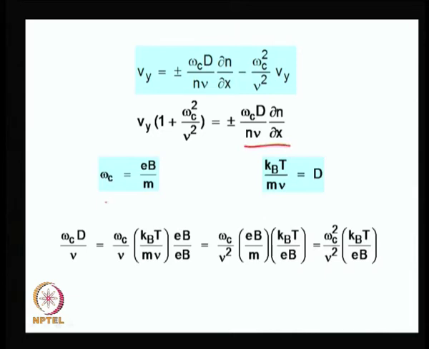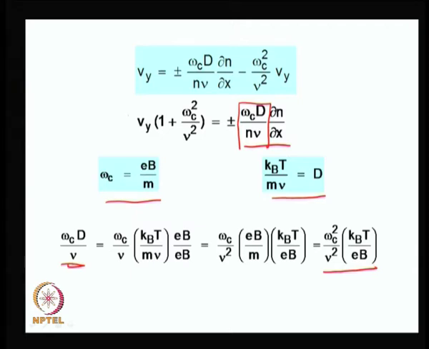Once again we use the definitions of omega c and D, and we write this term omega c D upon nu, the coefficient of the density gradient. Do some simple algebra, substitute for D, multiply and divide by EB. So, we can express this as omega c square upon nu square kBT upon EB. This is all so that the final expressions look simpler and elegant.